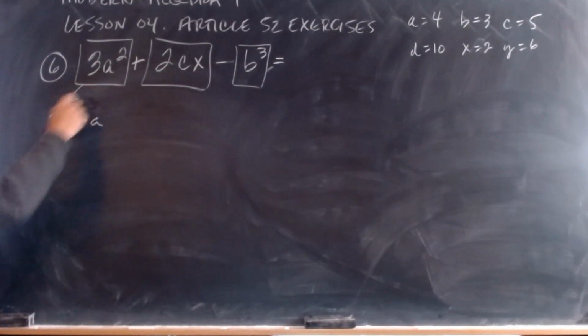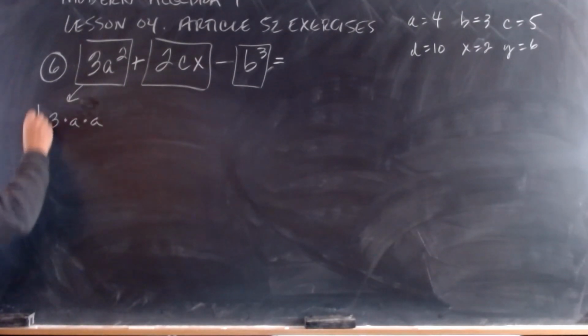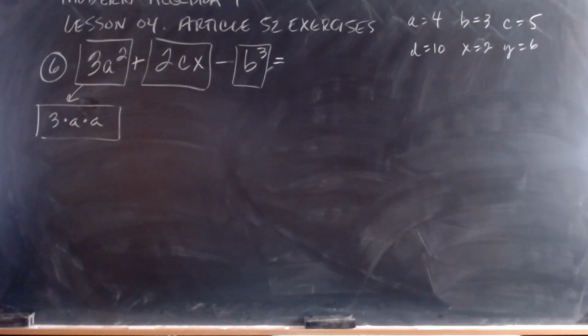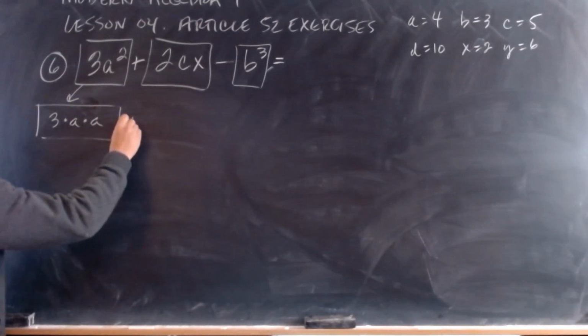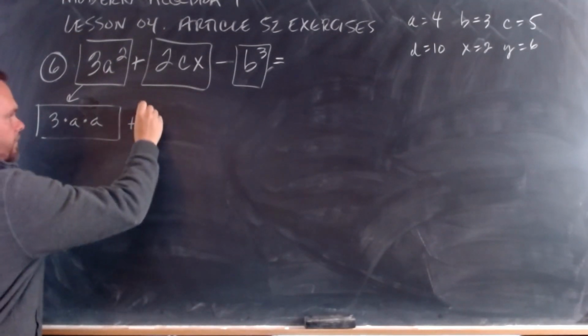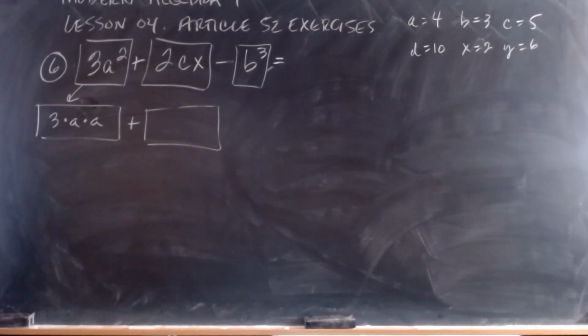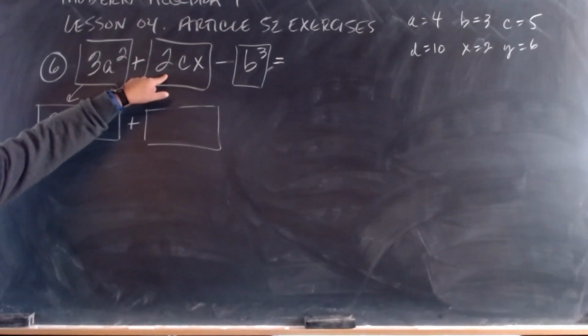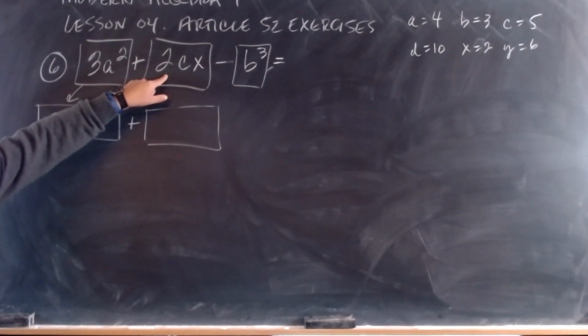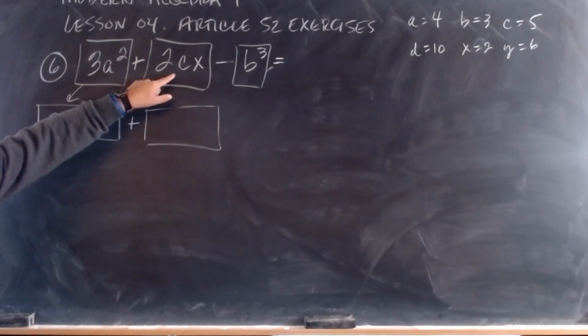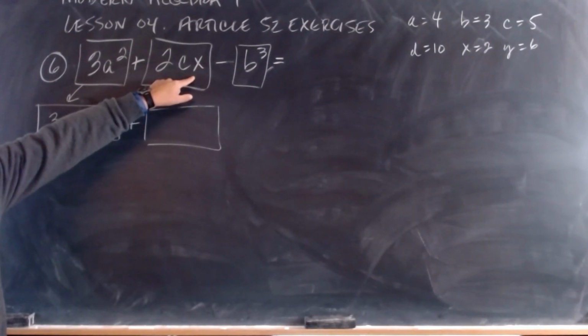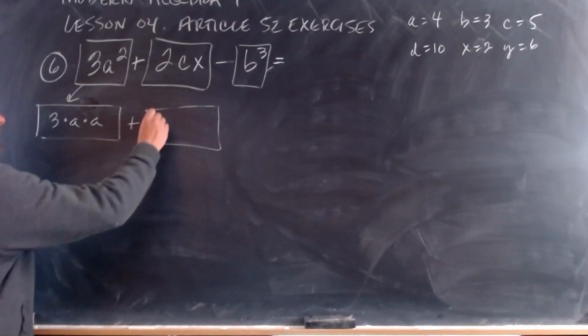And that's our first term. So we want to keep that separate in our minds. Plus our second term. What does this mean? Try it. 2 times C times X. Good. 2 times c times x.